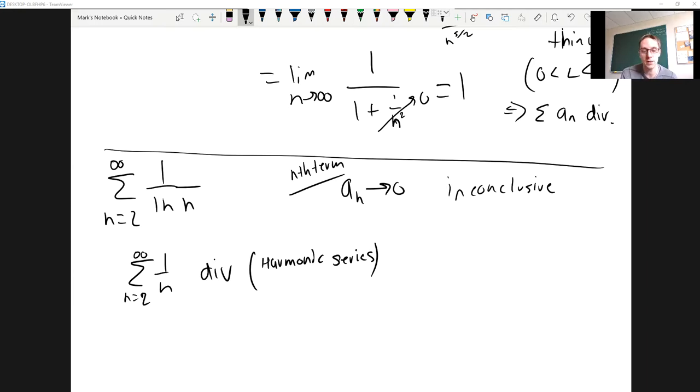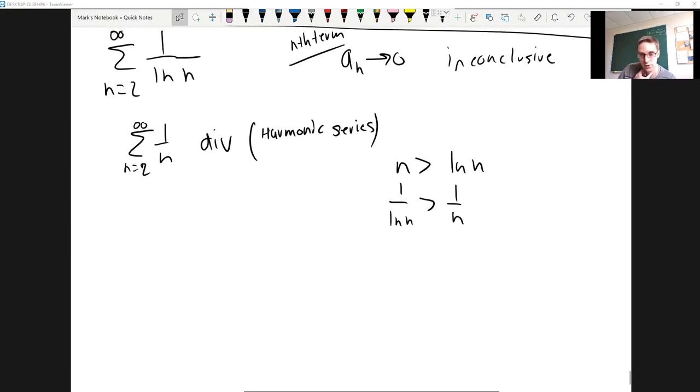And so maybe this would be a useful comparison here, since we think that 1 over ln of n might diverge as well. All right, so how do those two things compare? As always, I like to start without fractions, and so we'll just think about n and log n. And when n is large, it should be clear that n is going to be the bigger one. And therefore, 1 over log n is going to be bigger than 1 over n. So we just took a reciprocal there and flipped our inequality as a result.